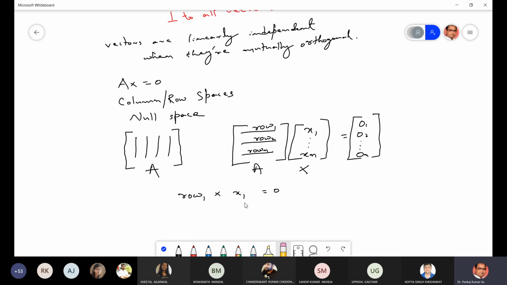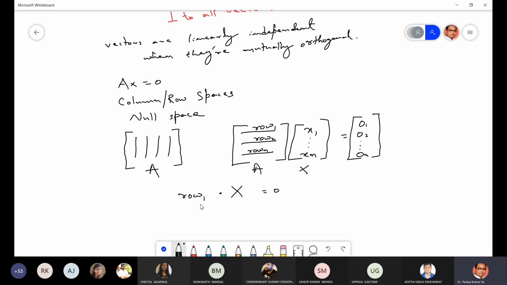This complete is x. Row 1 dot x, row 1 times x equal to 0.